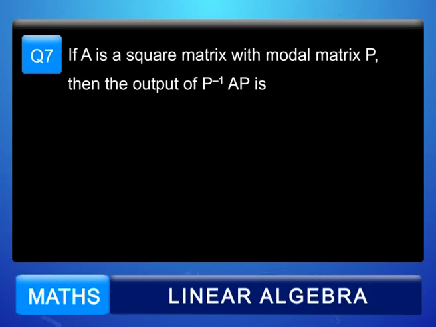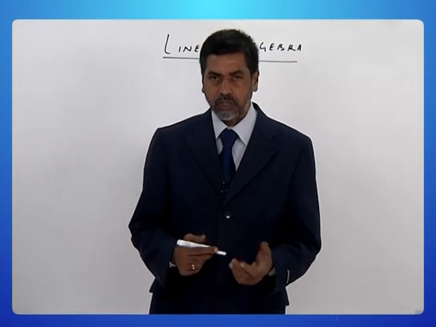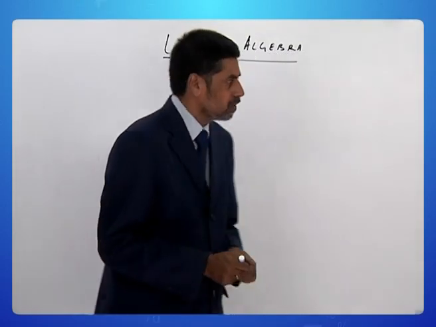Question number 7. If A is a square matrix with modal matrix P, then what is the output of P inverse AP? I think this has been already answered in the context of similar matrices.